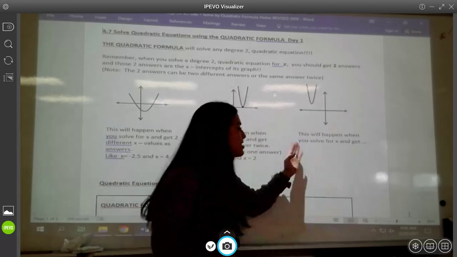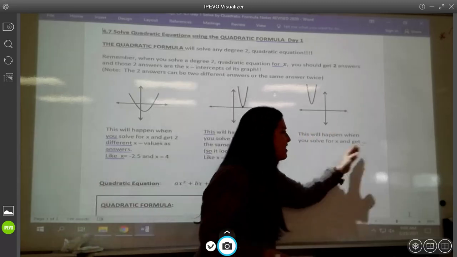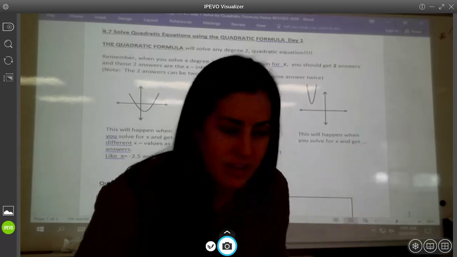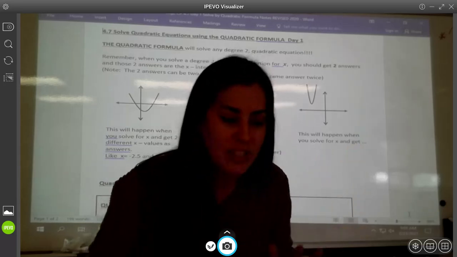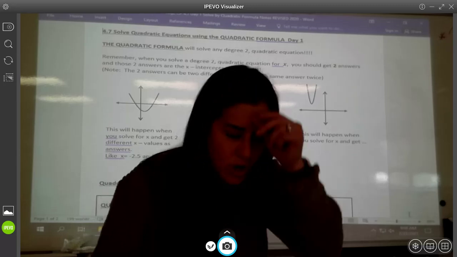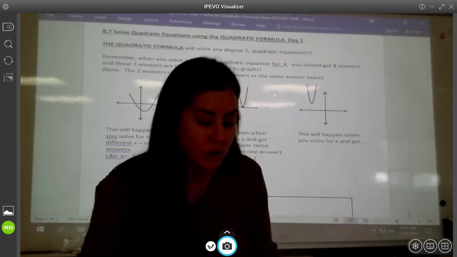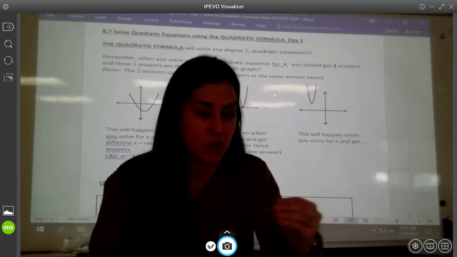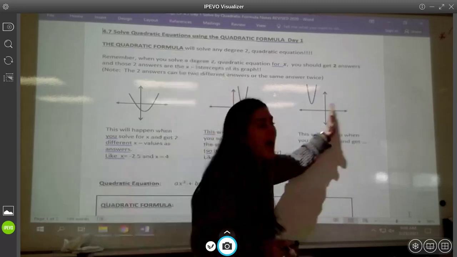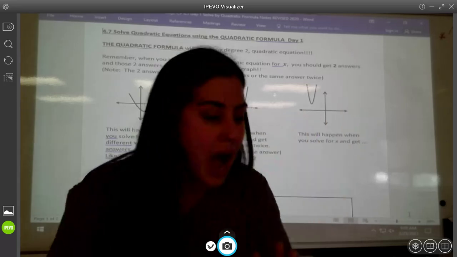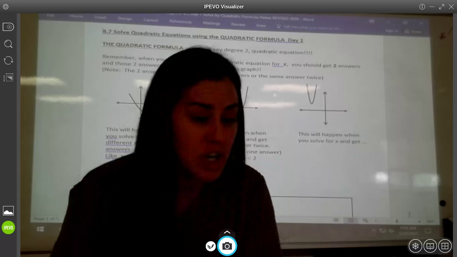Well, guys, this will happen when you solve for x and you're going to get an imaginary number as your answer. You're not going to get a real x value. So in the next section, we're going to learn about imaginary numbers, these answers that you get to quadratics that don't have any x-intercepts, that don't cross over the x-axis. I don't want to get too into that yet, but just know that that's coming.